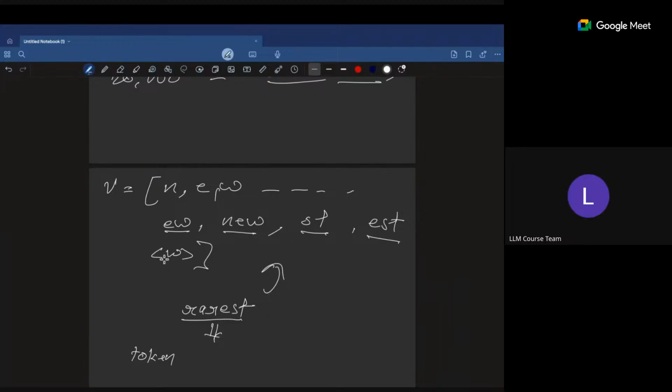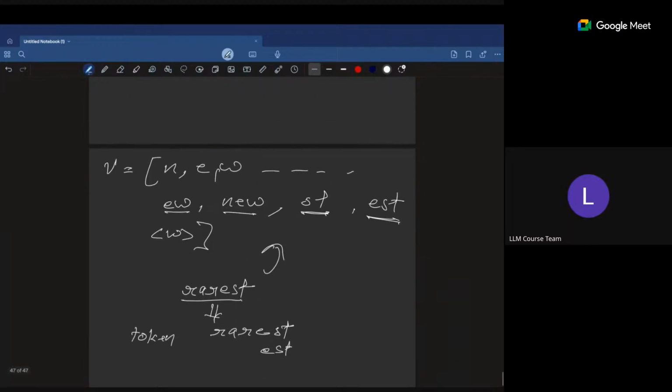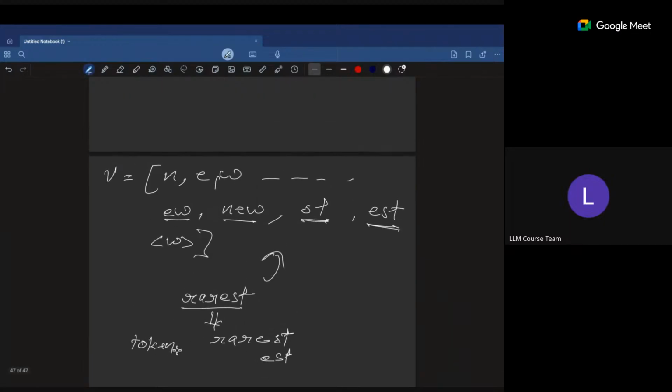So I will look at the sequence. Whether EW is present here or not, it's not present. I will look for the second merge, NEW, it is not present here. ST is present, and here I have rare as well, right? And I will look at whether EST is present there. So EST is present here, so this will become my token, the split of this token.